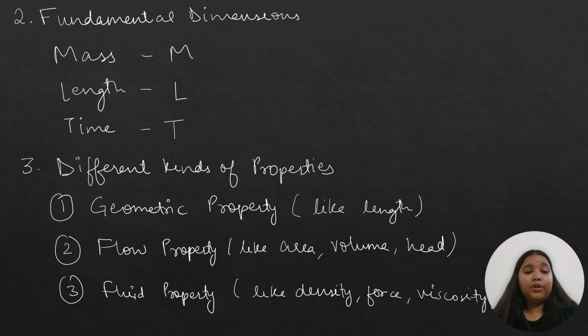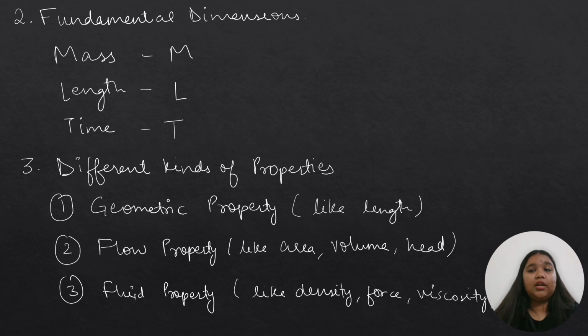In the fluid property, they cover density, force, viscosity, specific weight, discharge. For density, the dimensions are ML minus 3. Force, it's MLT minus 2. Viscosity, for dynamic viscosity, it's ML minus 1 T minus 1. For discharge, it's L cube T minus 1.